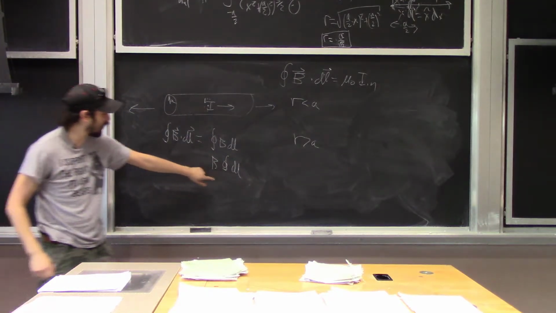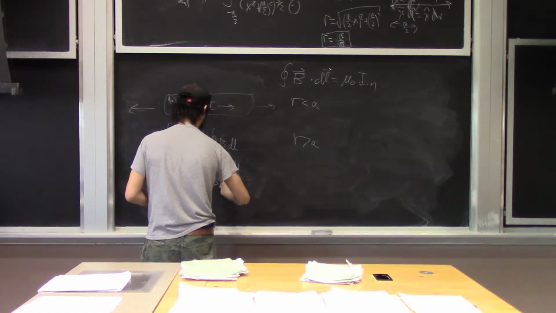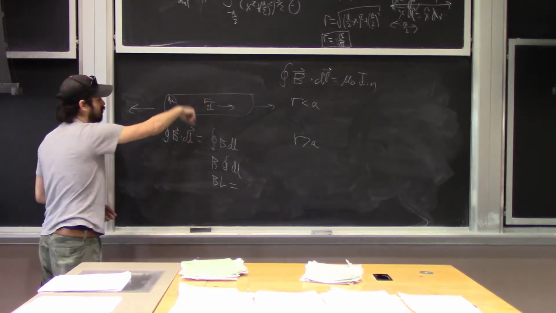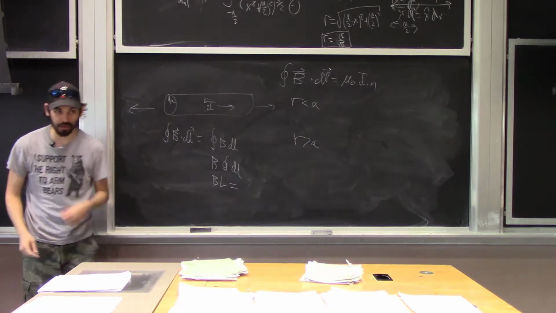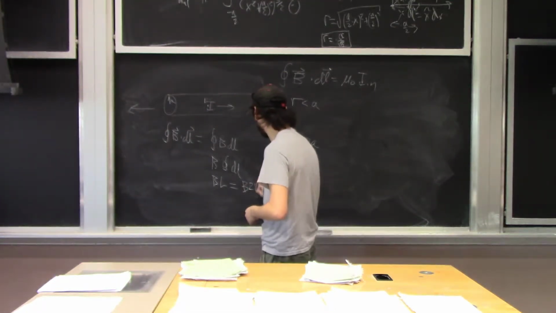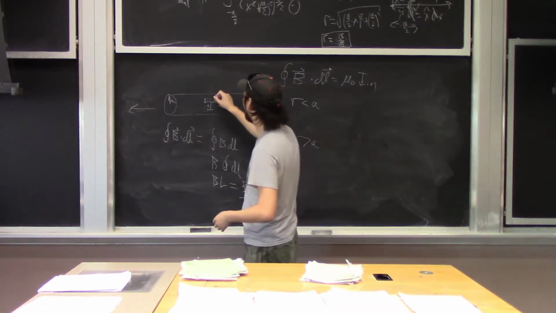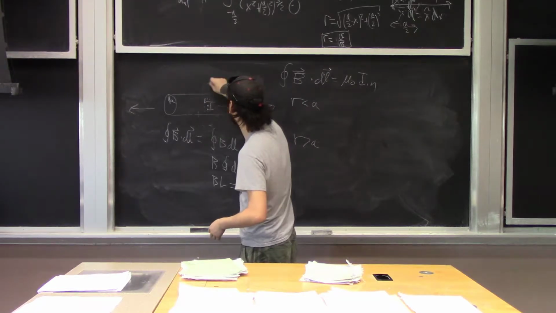And then I can say that this integral over the closed loop of dl is just going to be B times L, which in this case, because we're using a circular loop, is just going to be the circumference of this circle. And so this is just going to be B times 2 pi times r. Okay? And this actually turns out to be the same when I go around this way too.